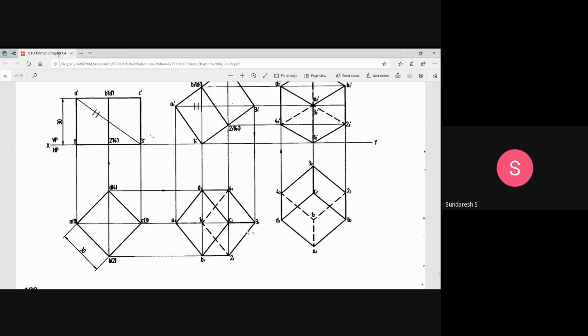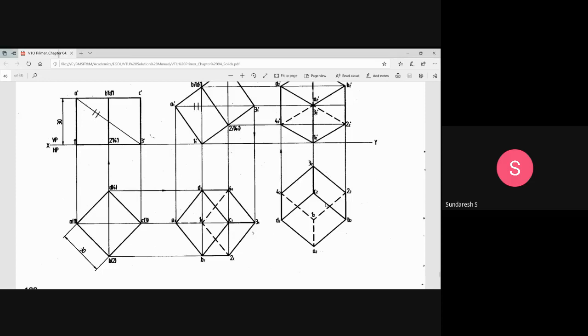Now what you have to do is tilt the entire second position top view such that A1 and 3-1 will become exactly perpendicular to the XY line or perpendicular to VP. See, look here, A1, 3-1 is horizontal now.